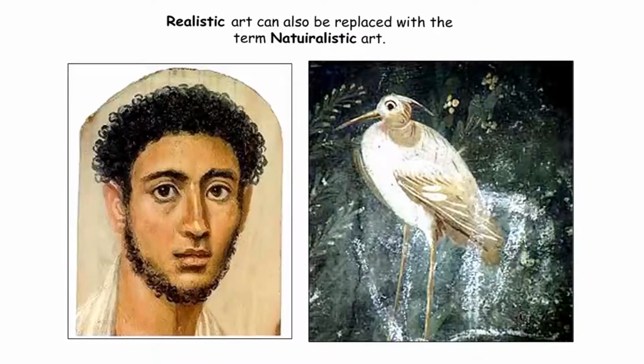Secondly, naturalism also implies that everything that you do in the work of art, technically speaking as well as formally speaking, in terms of representation, everything that you do in your work of art should derive primarily from nature.